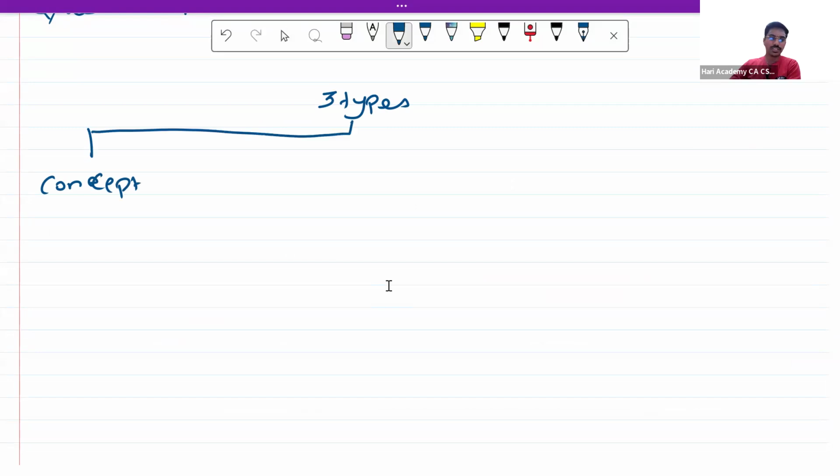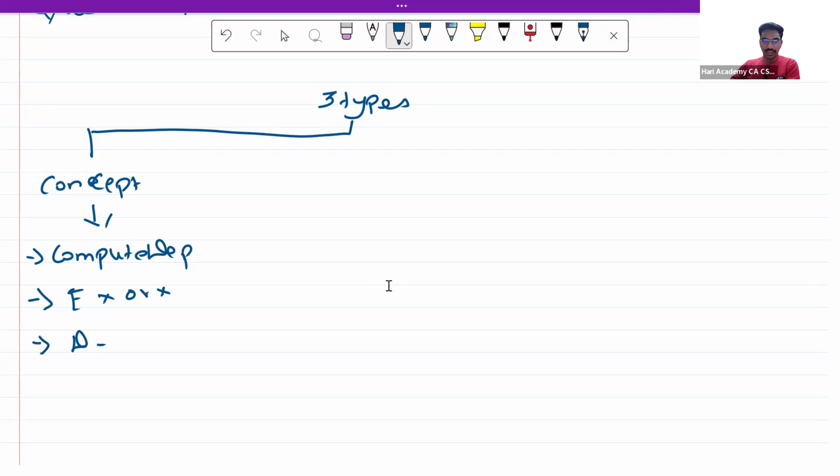In this, generally you will get questions such as compute depreciation, whether a deduction or expense is allowable or not, what is the deduction for scientific expenditure, and what is the disallowance. For each section they will ask a specific question. That is a concept based question.